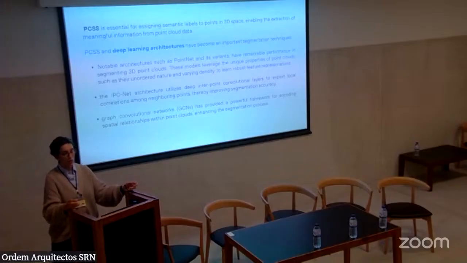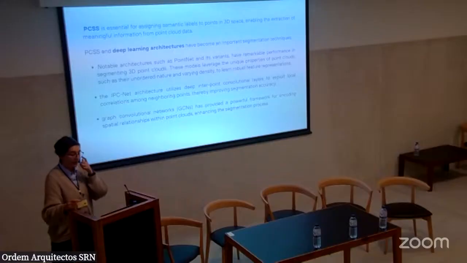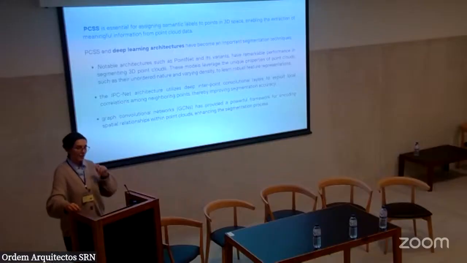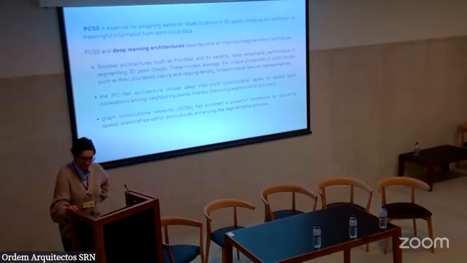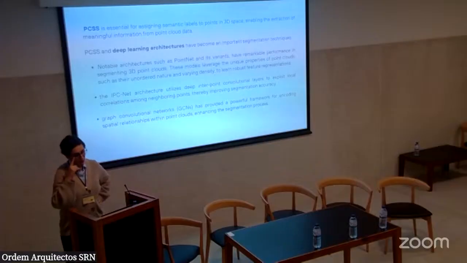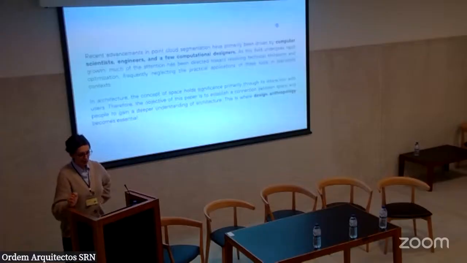IPCNet architecture also utilized deep interpoint convolutional layers to exploit the local correlation among neighboring points, thereby improving segmentation accuracy. And there is graph correlation network, I'm sorry about my pronunciations, which has provided a very powerful framework for encoding spatial relationship with point cloud, enhancing the segmentation process.